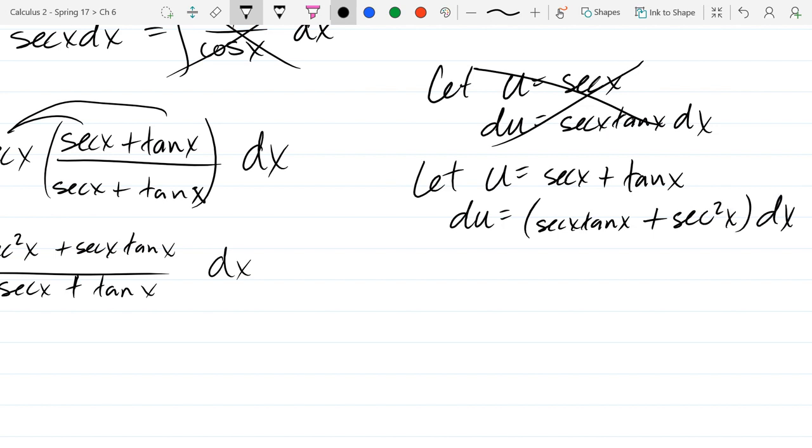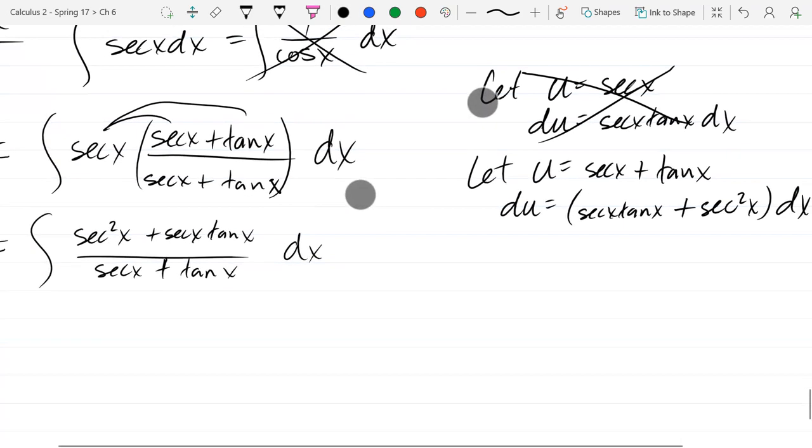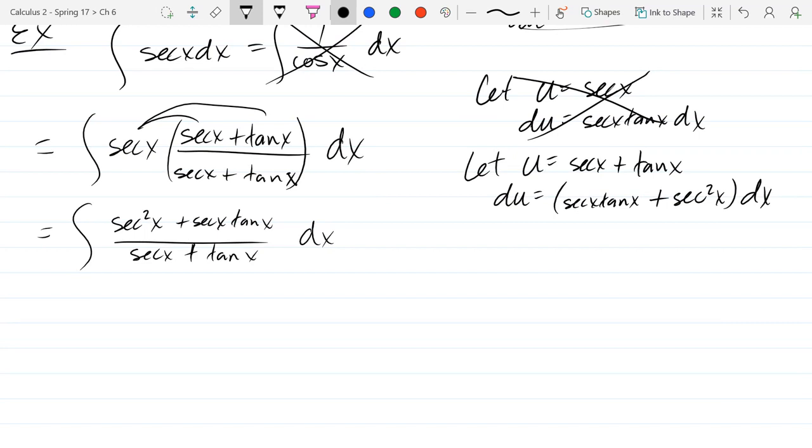So I got secant tangent plus secant squared. Now I see secant squared plus secant tangent dx, and now it will work out perfectly. I see the full du in the numerator, so that whole thing turns into du, and you've got 1 over u.